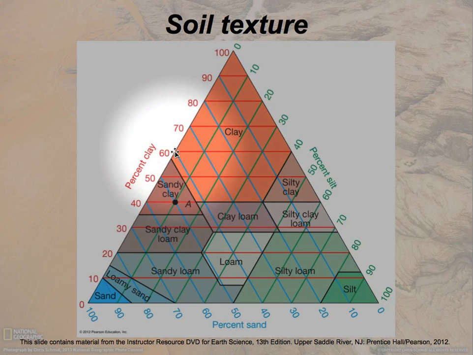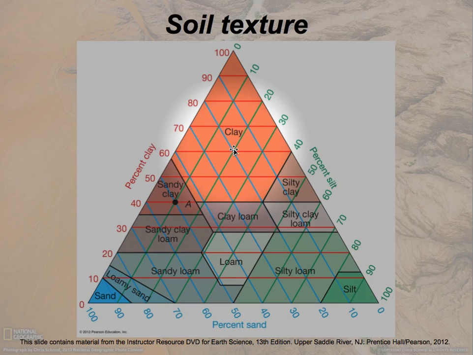But what if something were 60% clay, 20% silt, and 20% sand? So we find our 20% sand line, we drive it over, we get to our 60% clay line. Look, we're still in the clay zone in terms of the taxonomic or classification system.